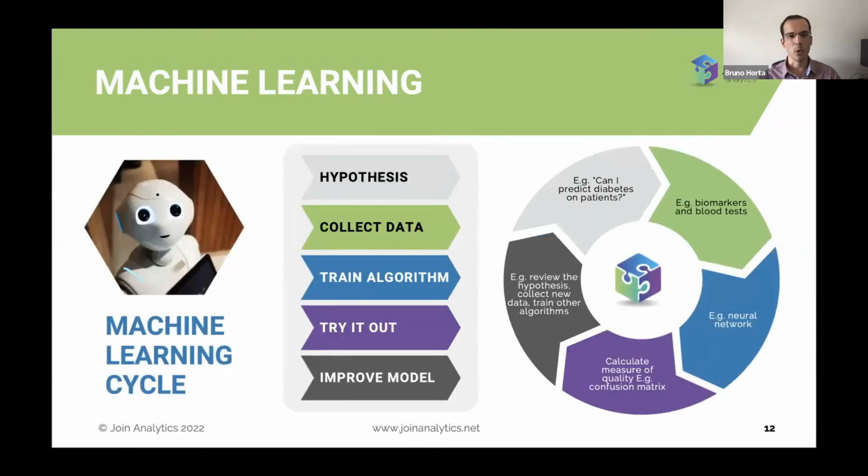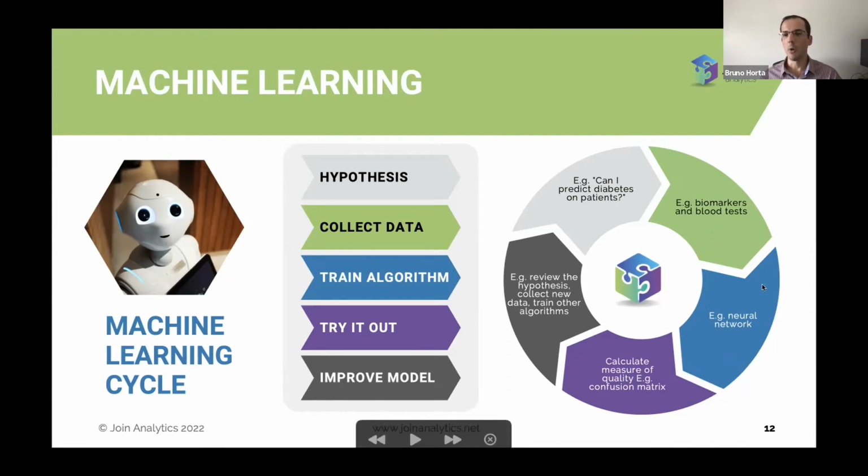And how does this work? The machine learning cycle starts with a question. You want to predict something, right? So here is an example. Can I predict diabetes in patients? So for that, probably we have to show examples of things that are related to diabetes to the computer. So for example, we take blood tests, biomarkers, and other metrics of patients that have diabetes and patients that are healthy.